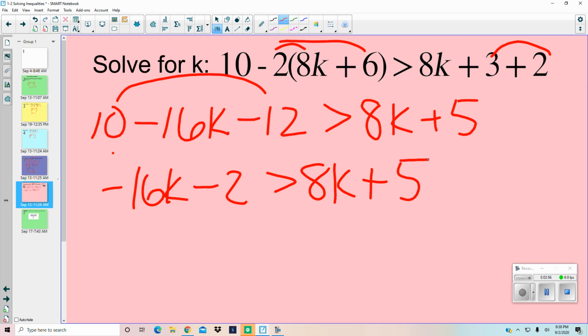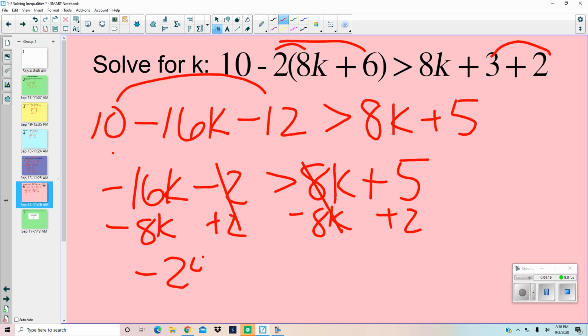Now I'm back to that 2-step inequality. Add 2 and subtract 8k. Cross off the parts that gave me 0. I would have negative 16 and negative 8 is negative 24k, and then that equals 7.